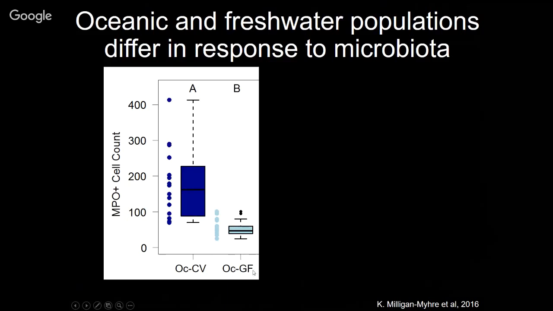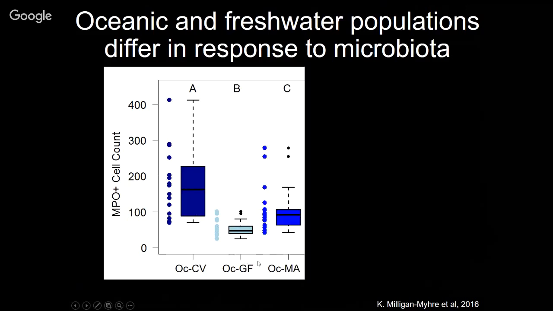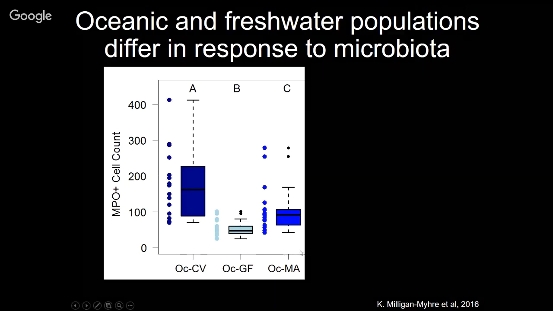When we raise these fish in the absence of microbes, so germ-free, we see far fewer neutrophils present in the gut. When we monoassociate, in this case with that Pseudomonas strain that you saw earlier, we see an intermediate number of neutrophils in the gut, indicating that this particular Pseudomonas is able to recapitulate some of the immune response to microbes in the gut, but not fully.